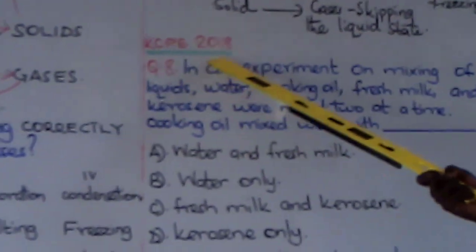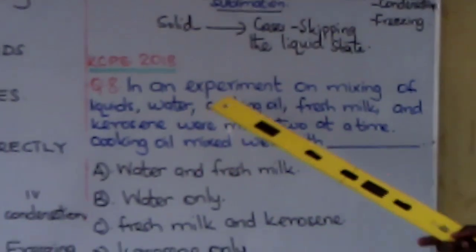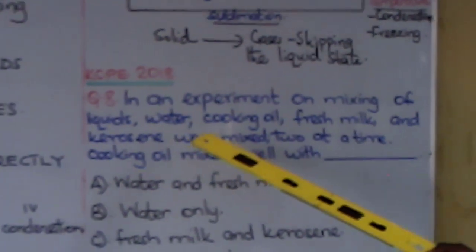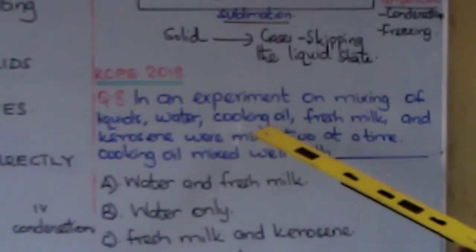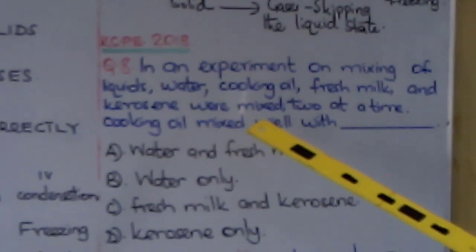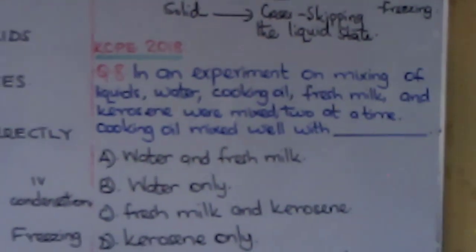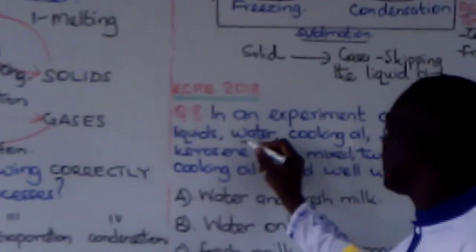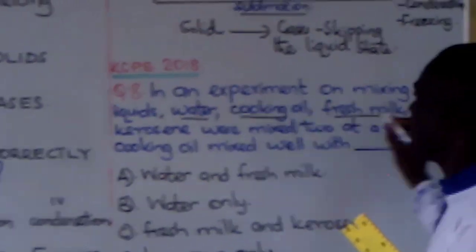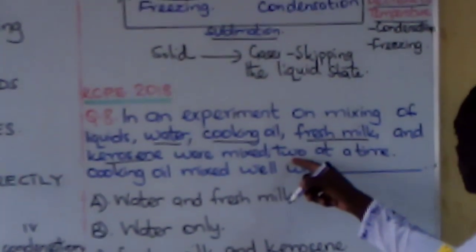Question number 8 from 2018, KCPE 2018. In an experiment on mixing of liquids, water, cooking oil, fresh milk, and kerosene were mixed, two at a time.